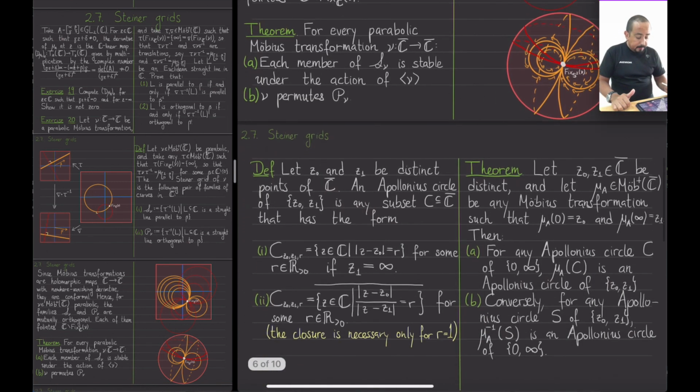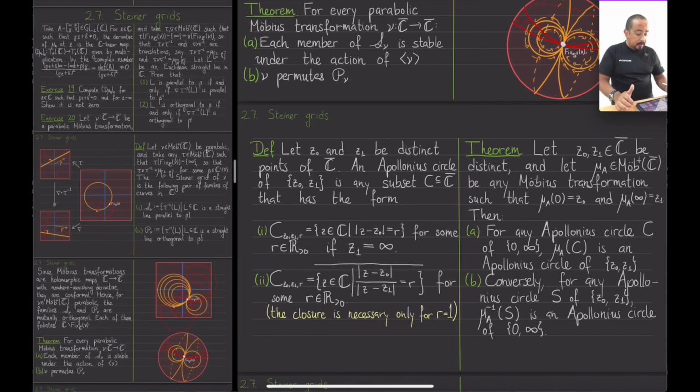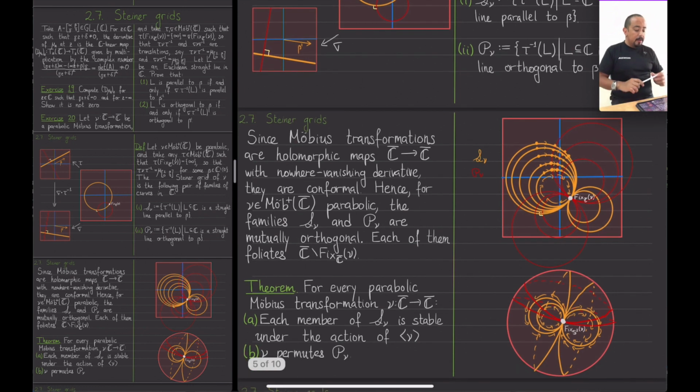Okay, and now let's move on to the Steiner grids of the other Möbius transformations. So far we have defined the Steiner grid of a parabolic transformation, which is a pair of mutually orthogonal families of curves, and we've made a basic analysis of the behavior of nu, of the geometry of nu, using these two families.